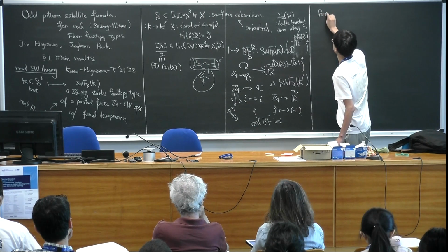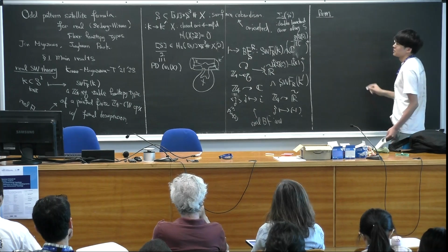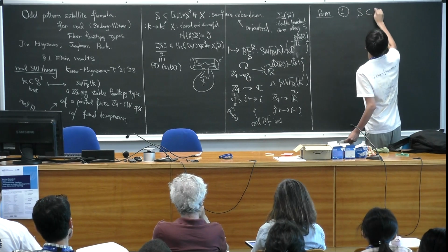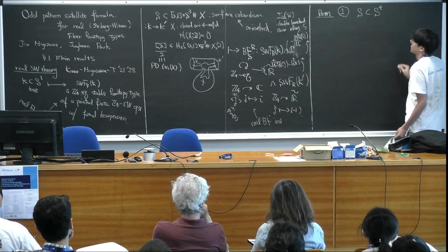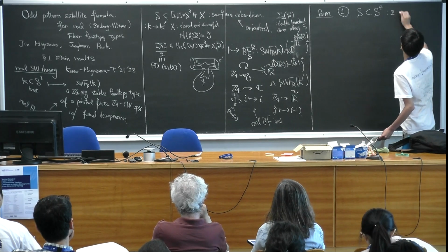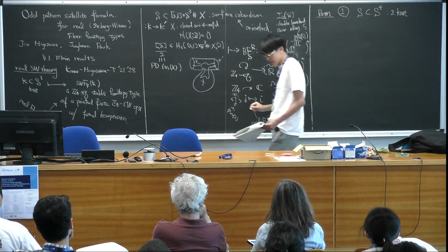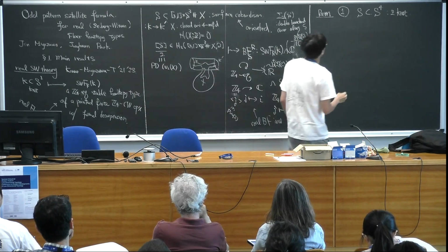Let me make three remarks. The first remark: if you take a smoothly embedded 2-sphere, a 2-knot inside S4, and you puncture twice, you can get a cobordism from unknot to unknot.